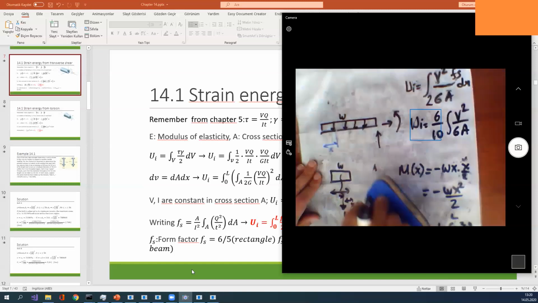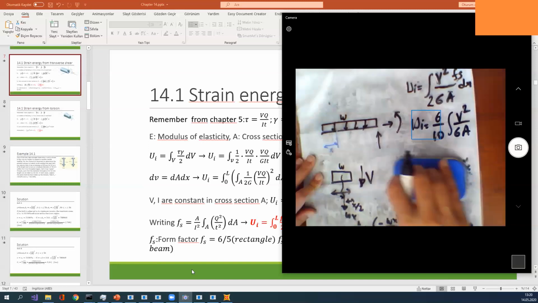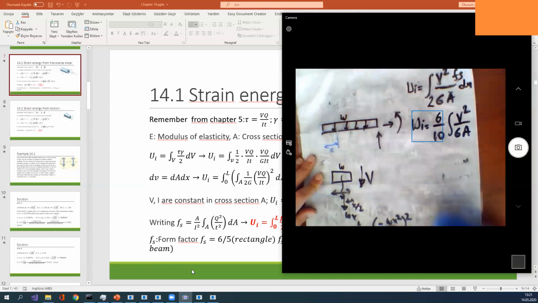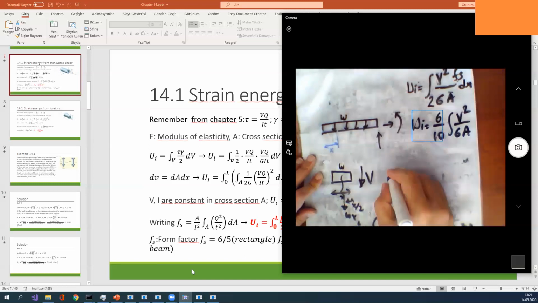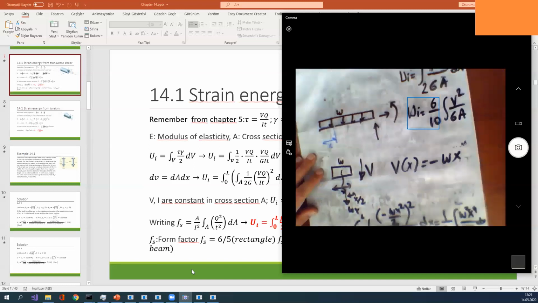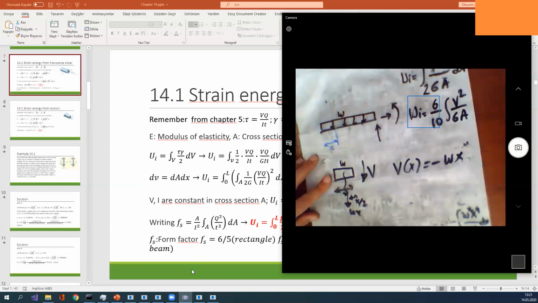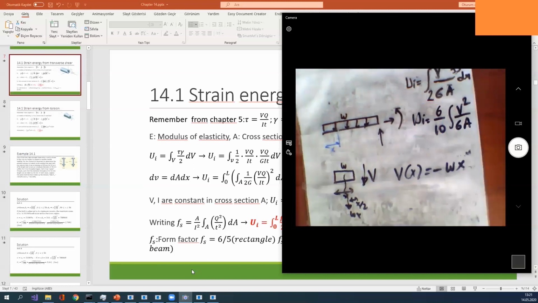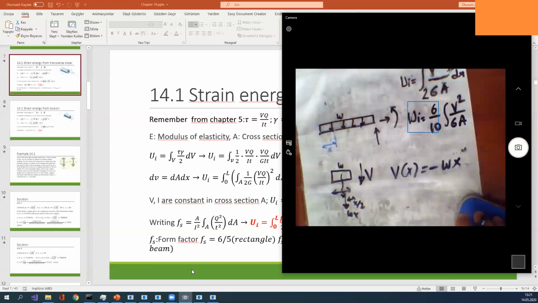I take a similar cross section and shear force direction like this, down direction, and V(x) becomes exactly minus omega x. So I want to write this in our general formulation.